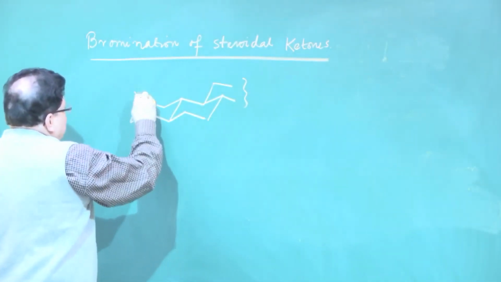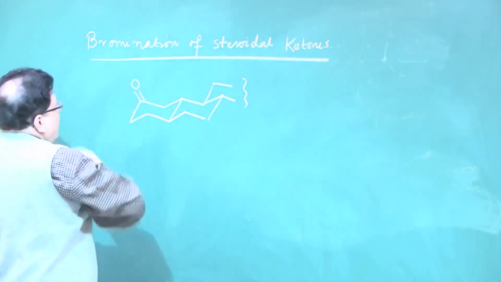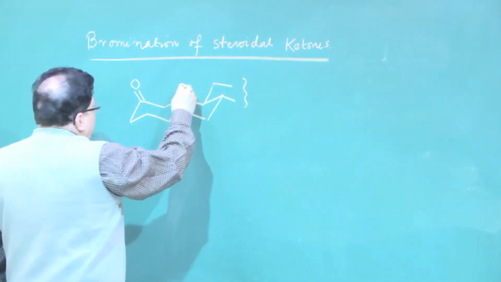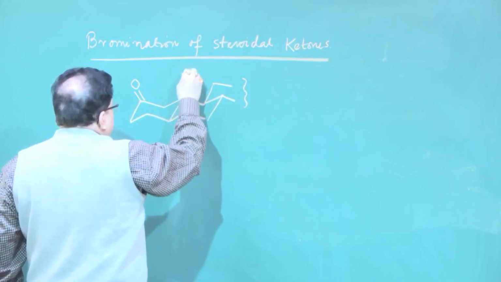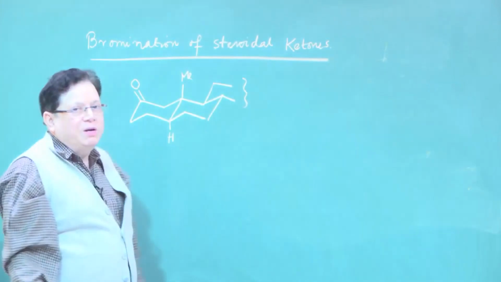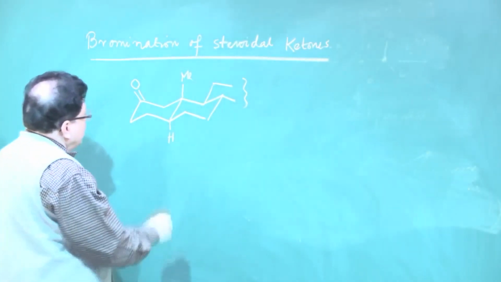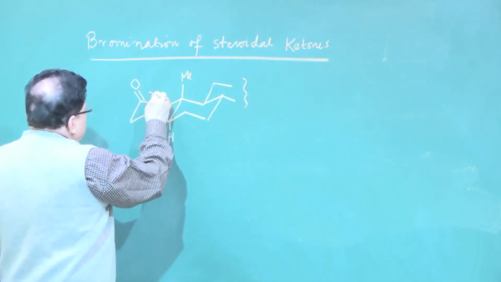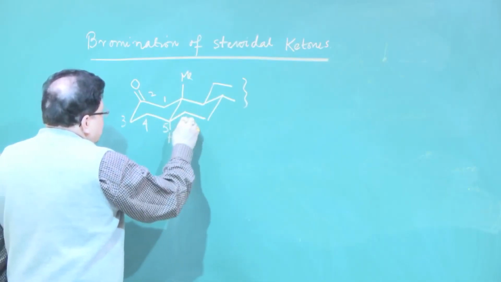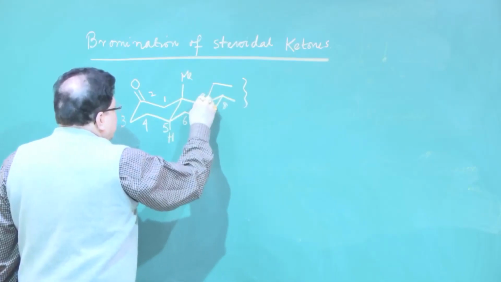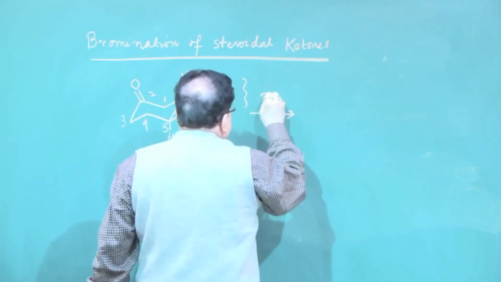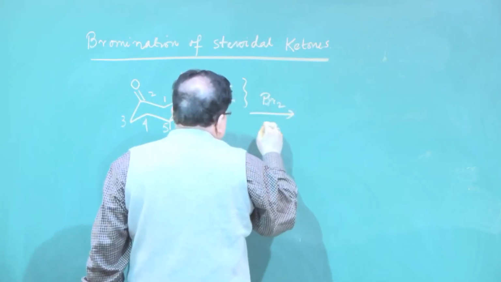If it is the keto form, it is a steroidal ketone. So, let us take the 2-keto steroid. Okay. And there is a methyl here, there is a hydrogen. So, it is a trans-fused ring junction. So, this is 1, 2, 3, 4, 5, 6, 7, 8, 9, 10. Okay. And you are trying to do the bromination. So, that is one scenario.